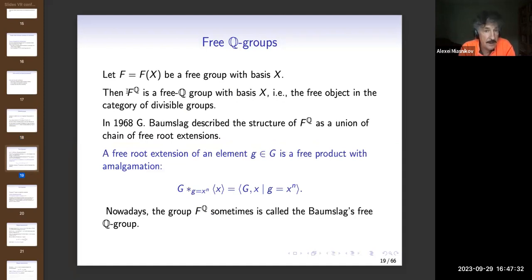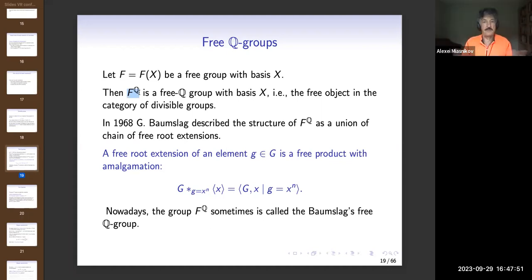And then you can consider, as I said, a free Q-group, F to the Q. So you start with a free group with basis X, you do the tensor Q-completion, you get the free Q-group with basis X, a free object in the category of divisible groups.